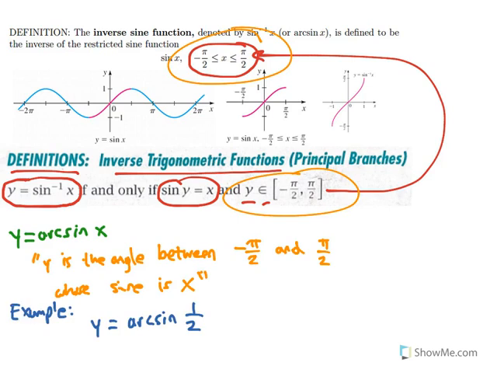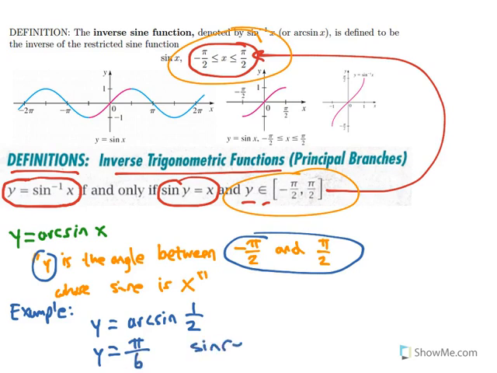For example, if y is equal to arcsine of 1/2, you're looking for an angle between -π/2 and +π/2 whose sine is 1/2. That angle would be π/6 because sine of π/6 is equal to 1/2. Therefore, arcsine of 1/2 is equal to π/6.